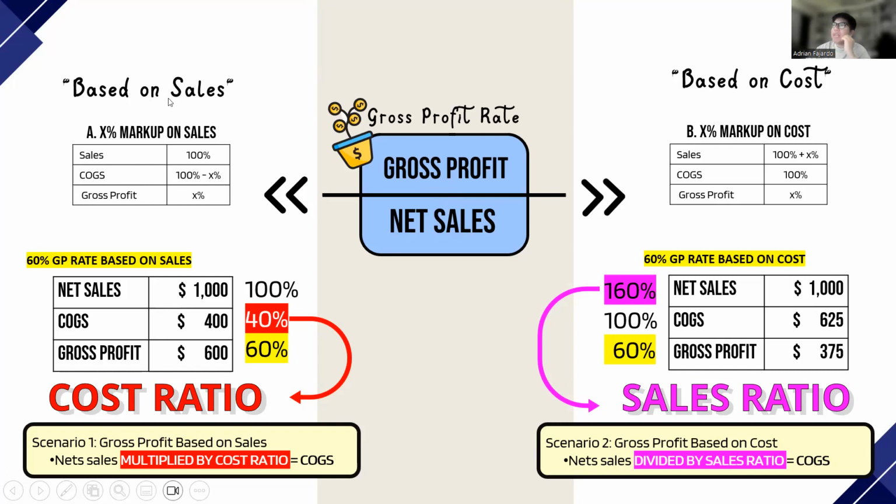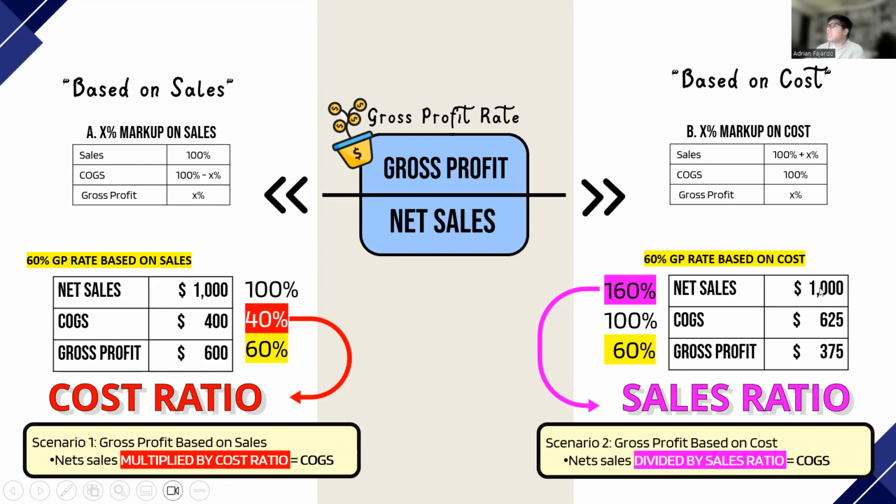Tatandaan niyo lang na if it's based on sale, the 100% will be on your sales in terms of your gross profit equation. And eventually, you'll be able to derive your cost ratio. And to get your COGS, it's just net sales times the cost ratio of 40% will give you your cost of goods sold at 400. On the other hand, if it's based on cost, your COGS will be your 100%, and then it will give you your sales ratio, which is a figure that's above 100%, so 160%.